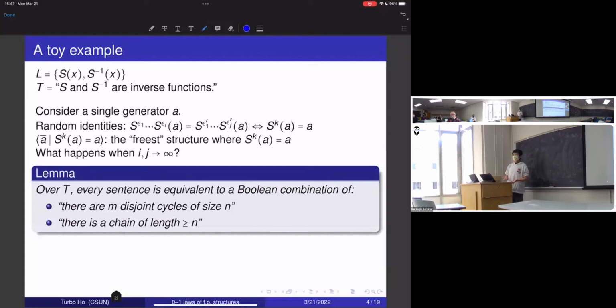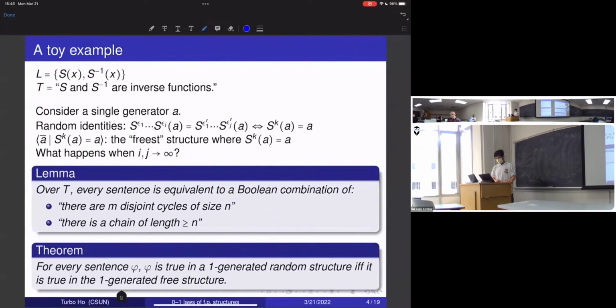And of course, this coincides exactly with the truth and falsity of these sentences in the free structure, which is a Z chain. So you get a theorem saying that every first-order sentence is true in a one-generated random structure in this category if and only if it is true in the one-generated free structure, which is just a Z chain.